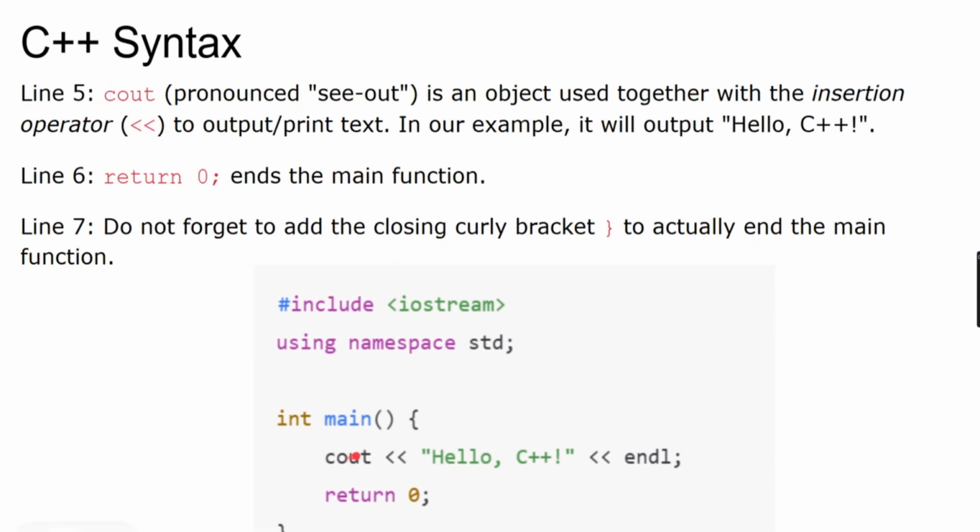Then we have a cout. It's pronounced as "see-out". It is an object used together with the insertion operator. Here you could see we have used the insertion operator after cout to output the text. Whatever you write after this insertion operator is going to be printed on the console. Here we have seen hello C++.